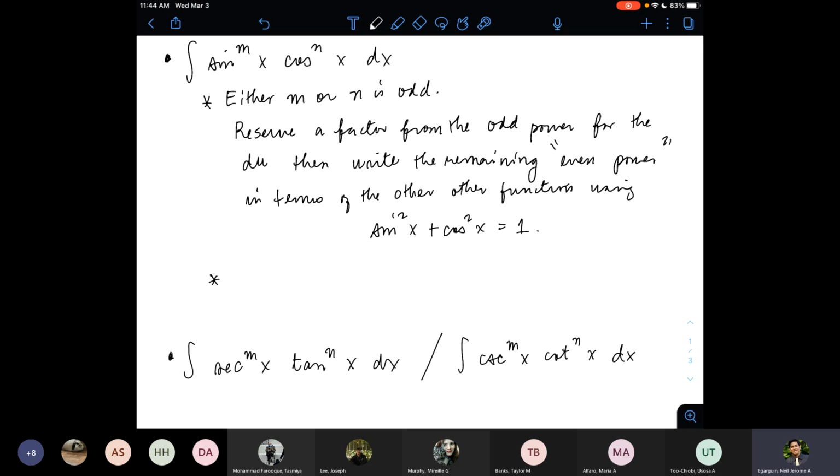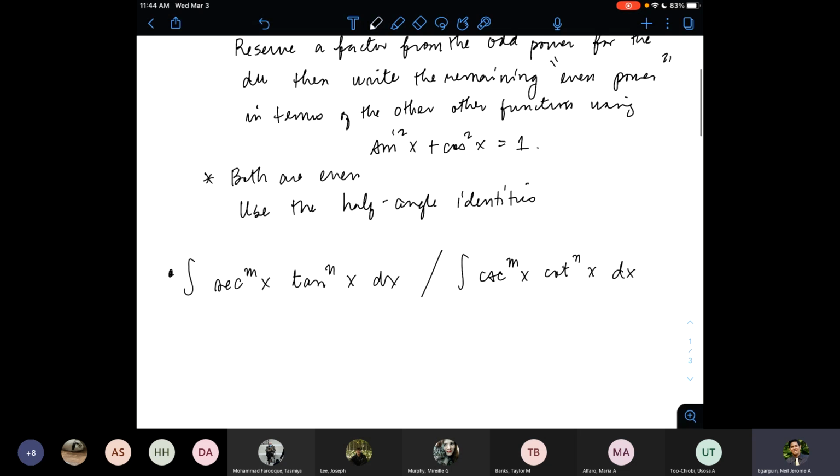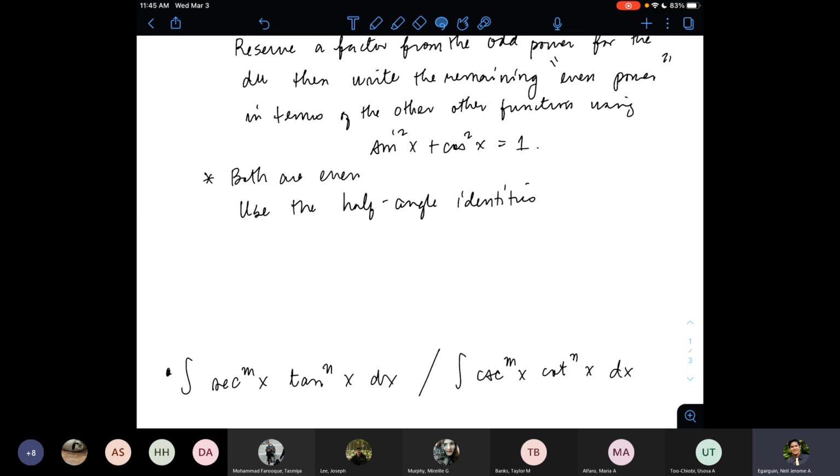And if both are even, obviously you cannot apply the previous asterisk because that requires at least one of them to be odd. When both are even, then we need to use the half angle identities. Maybe we won't have time to do secants today.